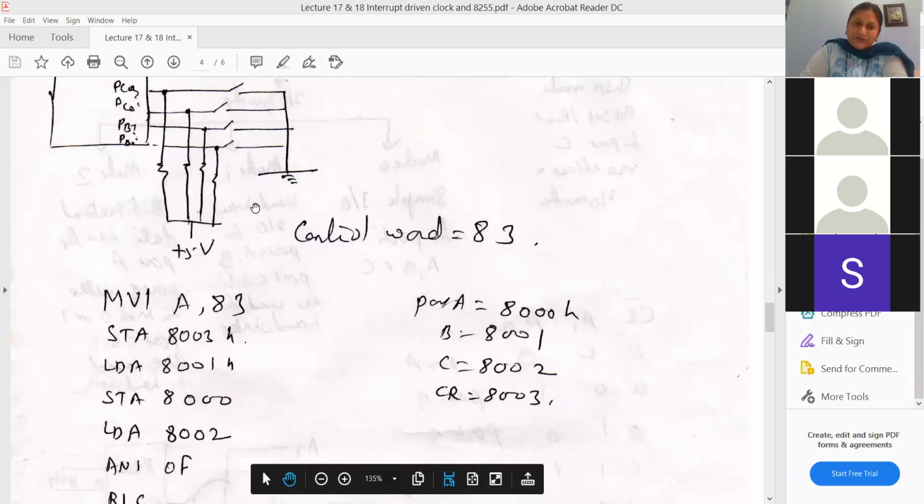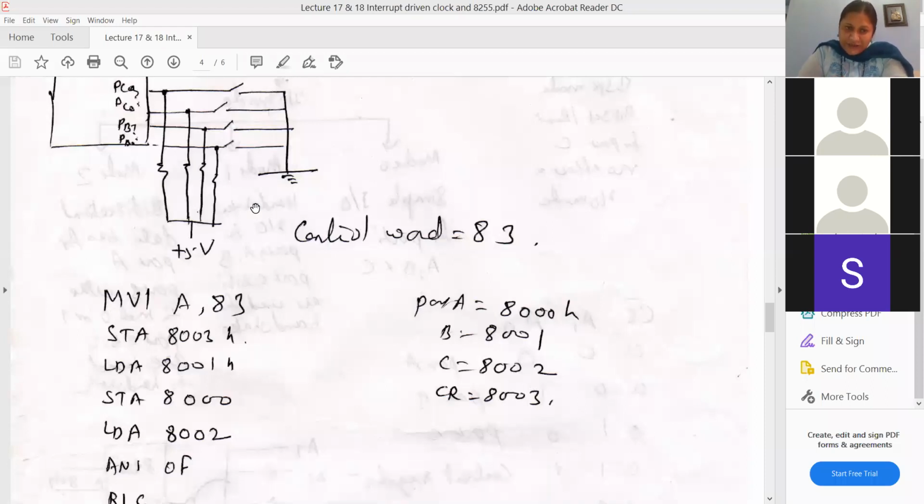The hardware which we have designed is such that whenever the switch is on, it is 0, and whenever an LED has to glow, it should be 0. I have told you that if the PB0 switch is on, then the PA0 LED should glow. So it is a one-to-one mapping.